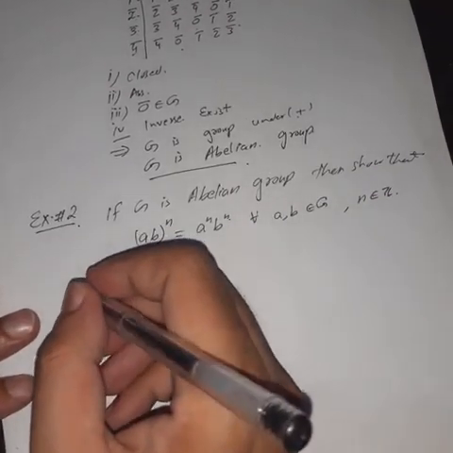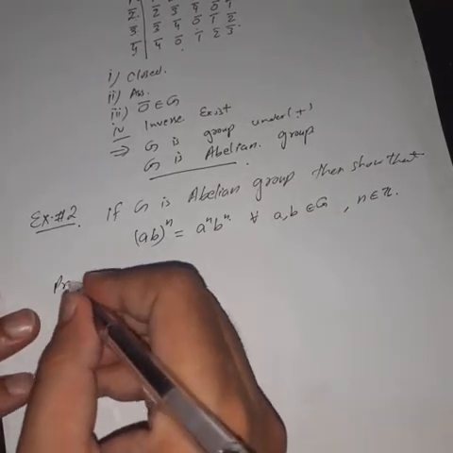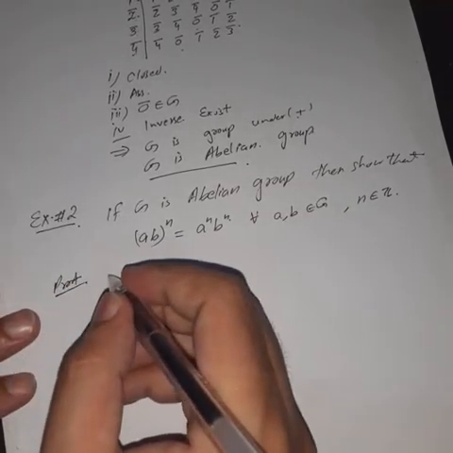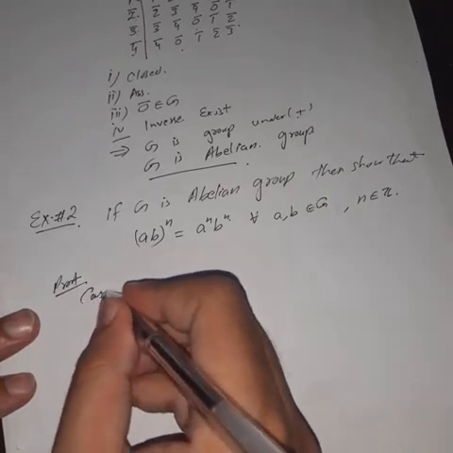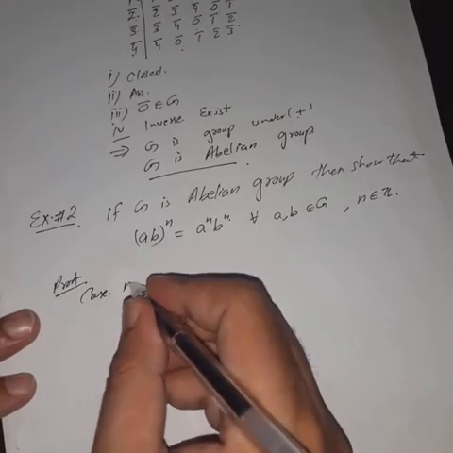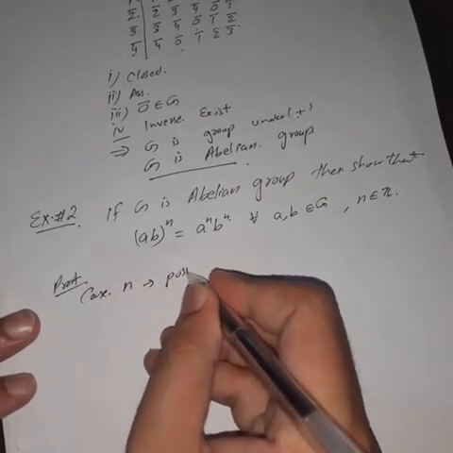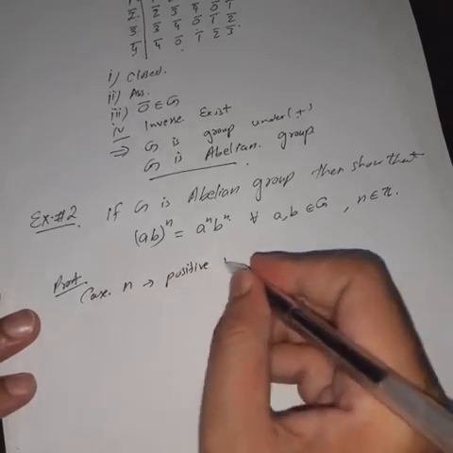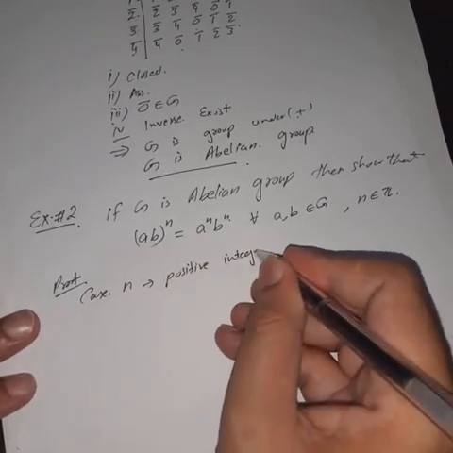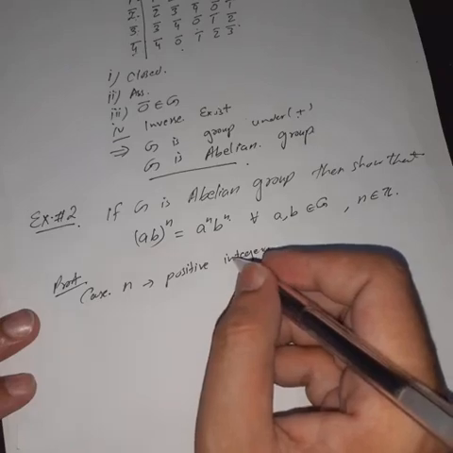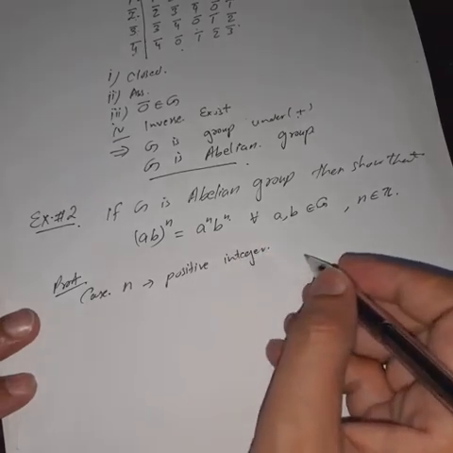So we divide the proof into three different cases. The first case is that n is a positive integer, and we will prove this theorem by the induction method.